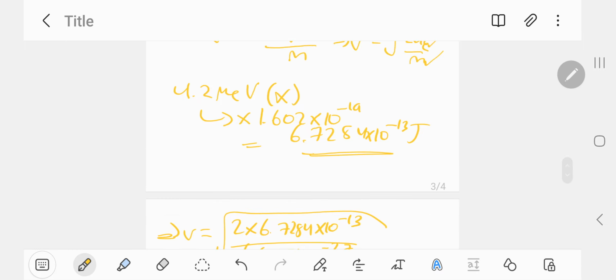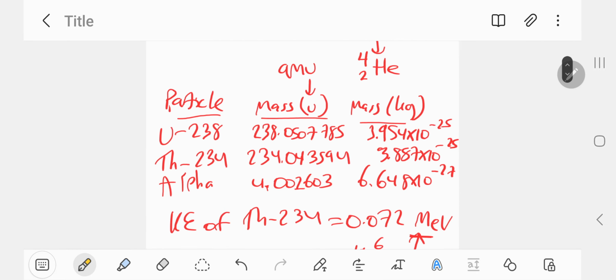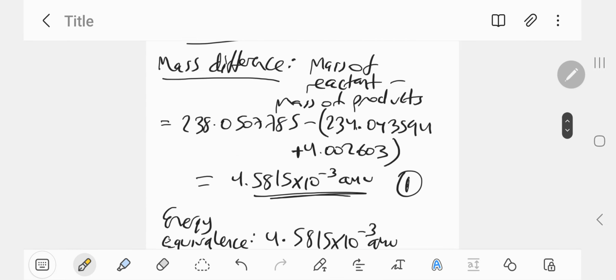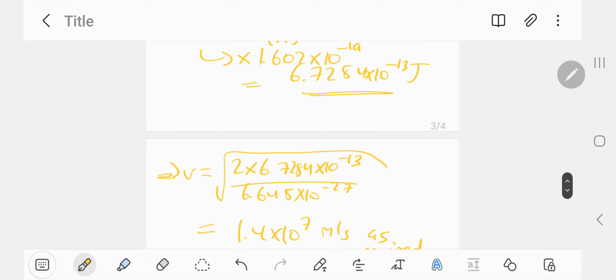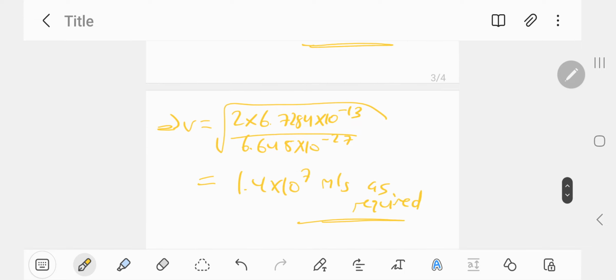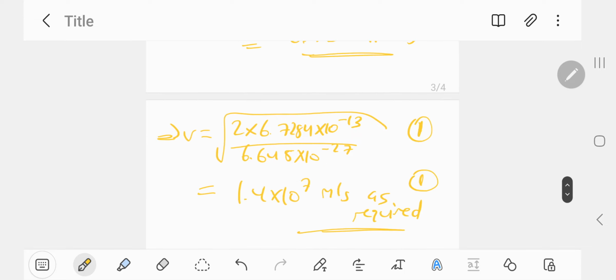That's given in the table up here. Doing the maths on your calculator, you get 1.4 times 10 to the 7 meters per second as required. So a mark for the working out and a mark for the answer.